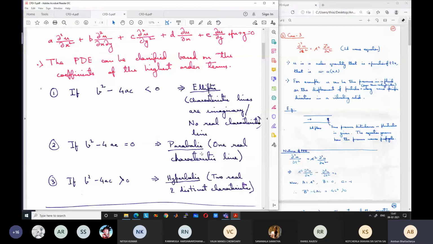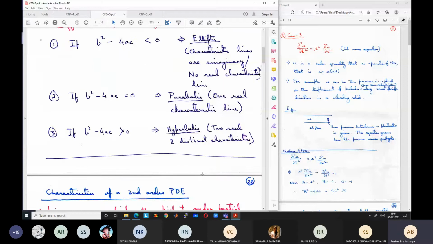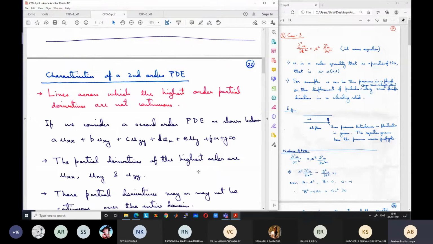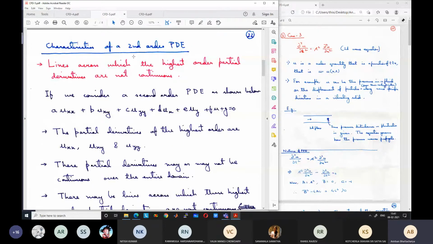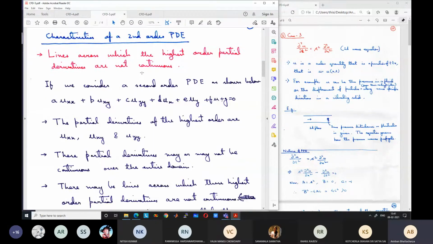If b square minus 4ac is greater than 0, we call this type of PD a hyperbolic PD, and there are two real and distinct characteristic lines. So we have defined characteristics of a second order PD: lines across which the highest order partial derivatives are not continuous.